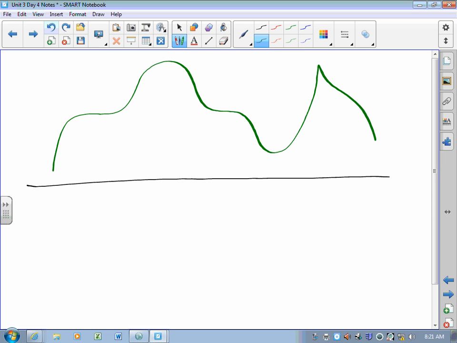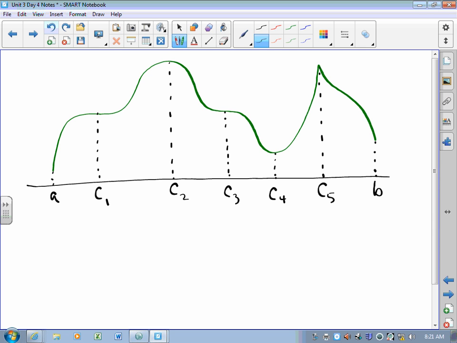I pulled the y-axis out because it's irrelevant. That's A, that's C1, that's C2, that's C3, that's C4, that's C5, and that's B. Consider the following.